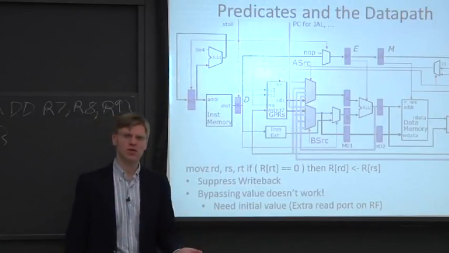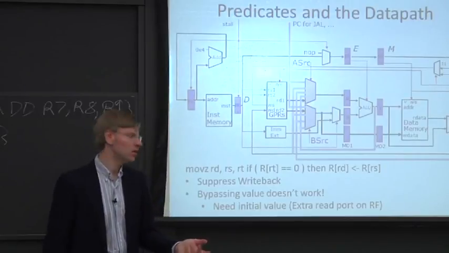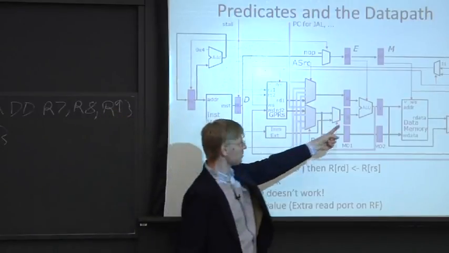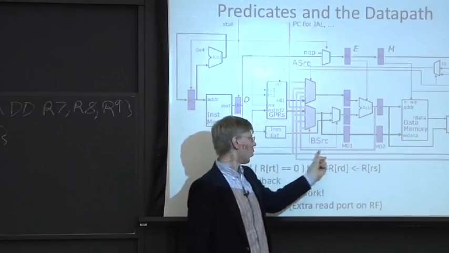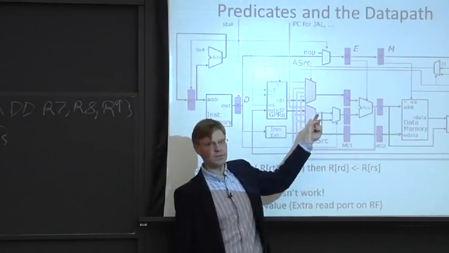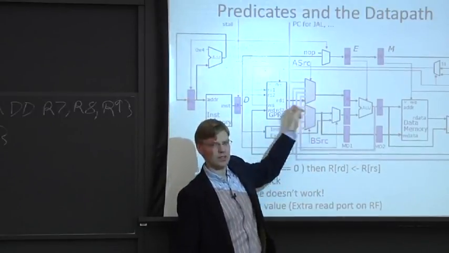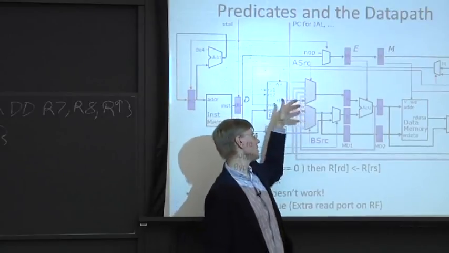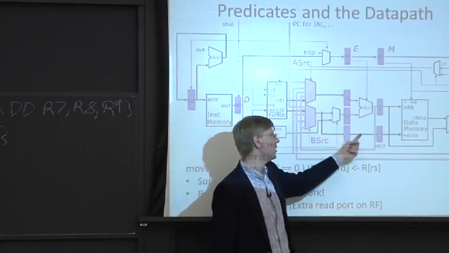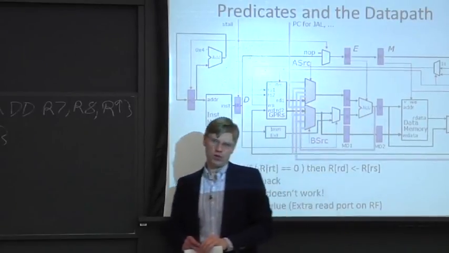Now you say, why do I need to write RD to RD? Well, in the bypass path, when we provide this value around, back to our bypass registers or our forwarding logic here, or bypass muxes or forwarding logic, we need the old value of RD.